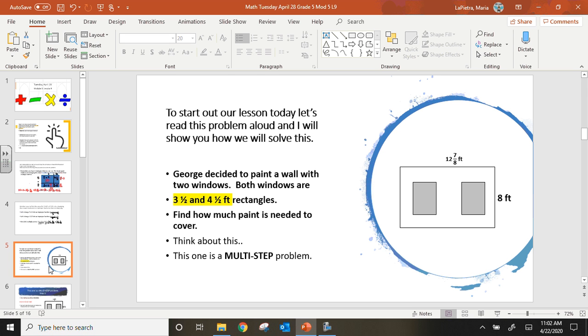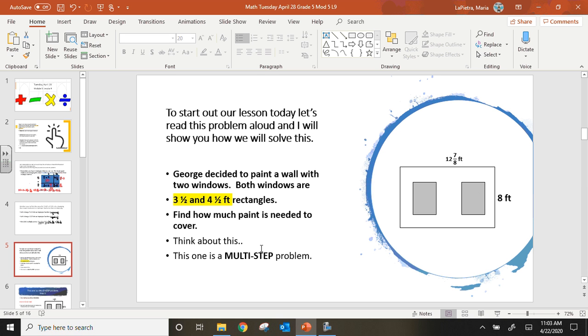George decided to paint a wall with 2 windows. Both windows are 3.5 and 4.5 feet rectangles. So this one is 3.5 times 4.5, and this is 3.5 times 4.5. Find how much paint is needed to cover this one and this one.